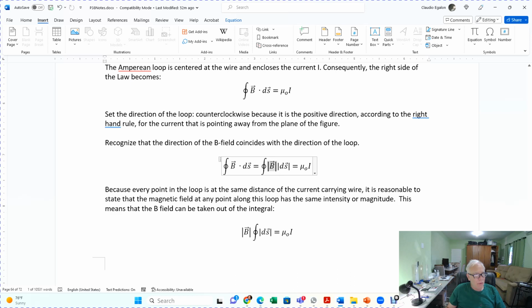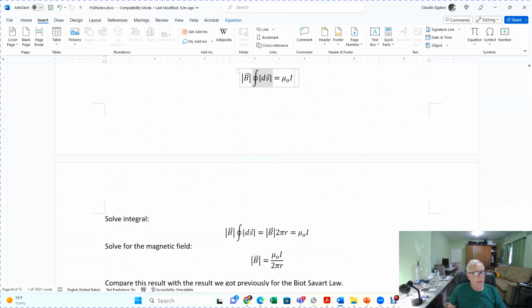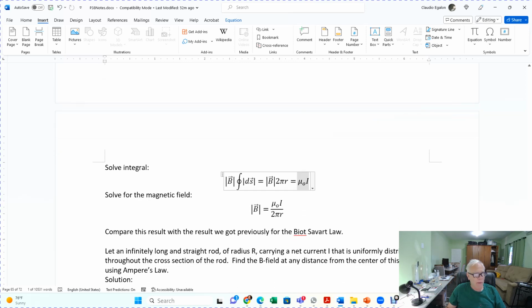And we are left with calculating the length of the entire path of the loop, which is 2 pi r. This entire loop here is going to be 2 pi r. We still have mu naught I on the right side. And when we solve that for the magnetic field, we have this relation, B equals mu naught I over 2 pi r, which is exactly what we saw in the Biot-Savart law. Okay?